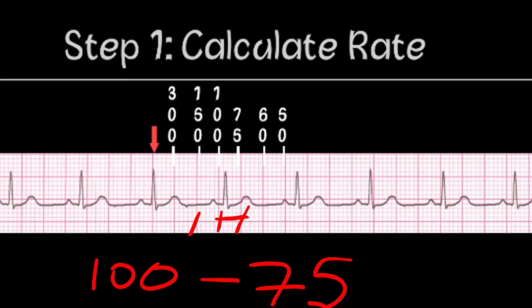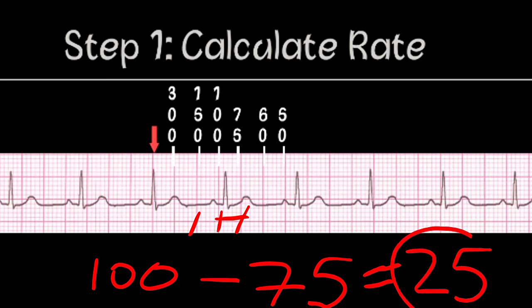It's between 100 and 75. It's not on one clear number, maybe on the 100 or on the 75, as it is between them. So we have to follow a method, and that is we have to take the difference between 100 and 75, which makes 25.